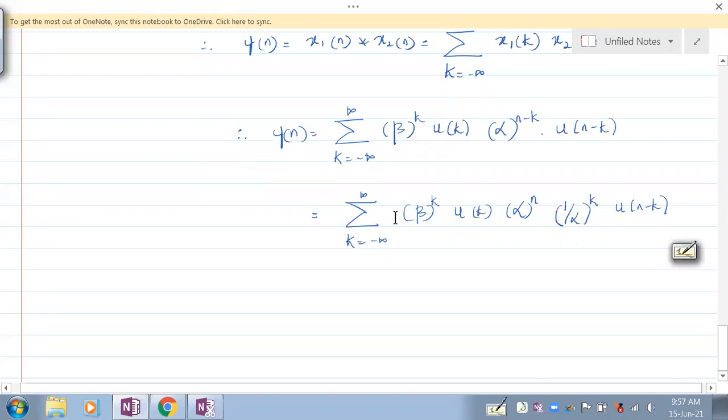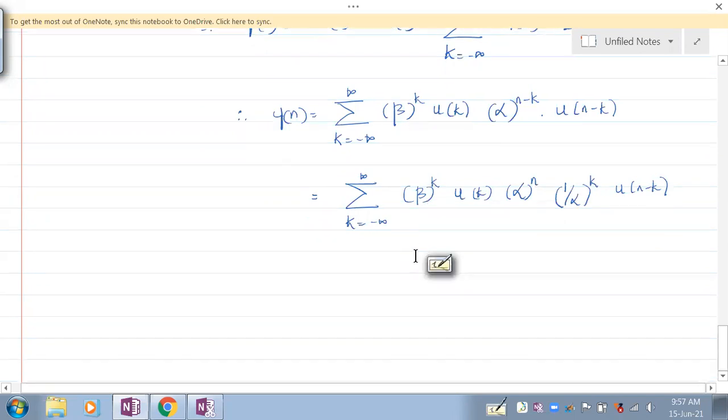Both have got power k. So I can write the summation as alpha power n outside, then summation k ranging from minus infinity to infinity, beta divided by alpha to the power k. Then you are left with u of k into u of n minus k.